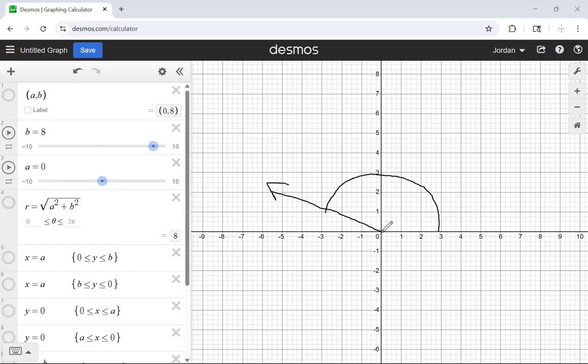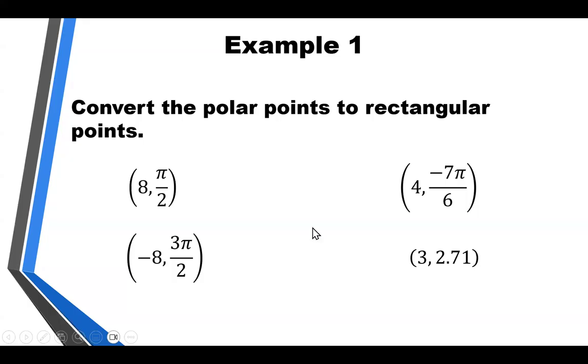And then we move out a certain distance and get to our point. Obviously, I'm not being precise when I'm drawing this. So that's how we go from polar points to rectangular points.